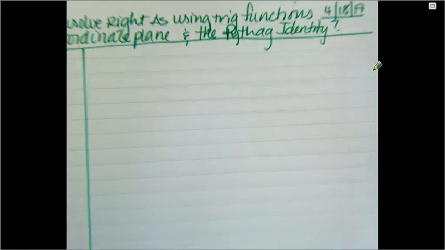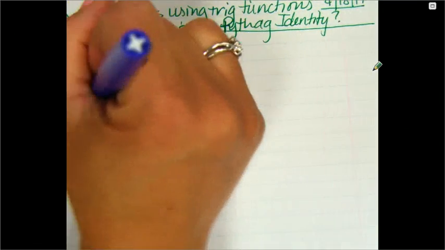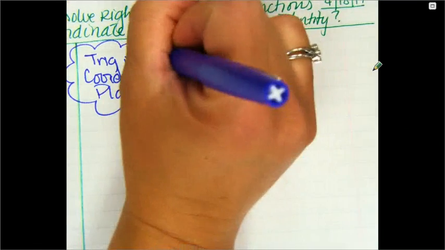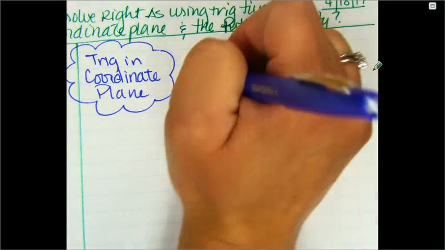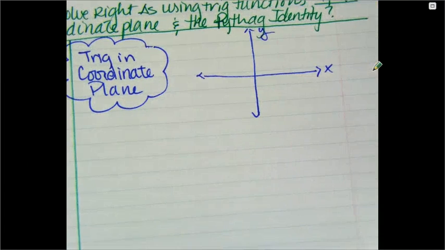Zooming in. Alright. Trig in the coordinate plane, let's start with that. If I'm doing trig in a coordinate plane, then I probably need a coordinate plane. X and Y. Alright, where is the first quadrant located?